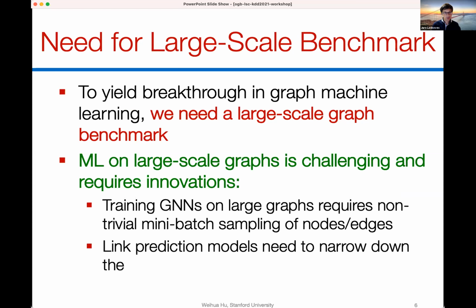And this is for two reasons. First is that this will push forward the field. The second one is that it presents interesting machine learning challenges, but also interesting systems challenges because of scaling up. Machine learning on graphs is very challenging, or more challenging than in other domains. So because of these reasons, we decided to release the large-scale benchmark.